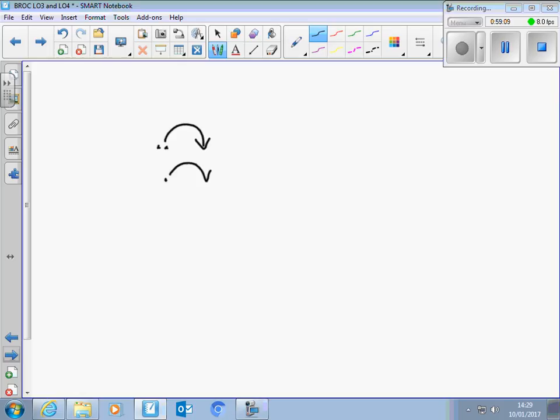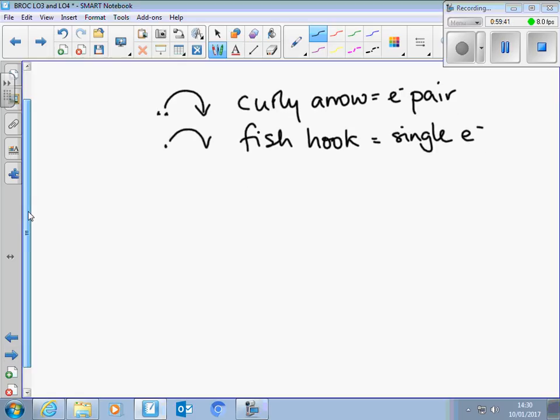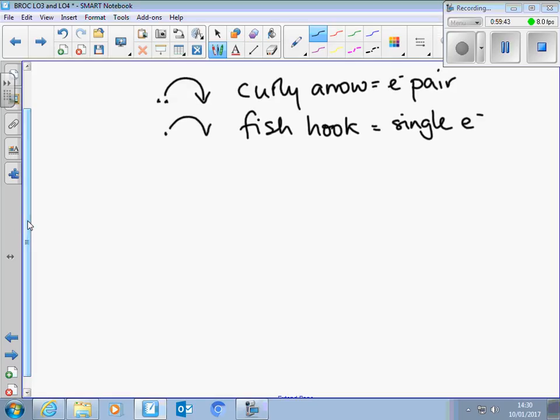So a curly arrow is an electron pair moving, whereas a fish hook is a single electron moving. We don't always need to move whole pairs; sometimes we might just need to move a single electron.